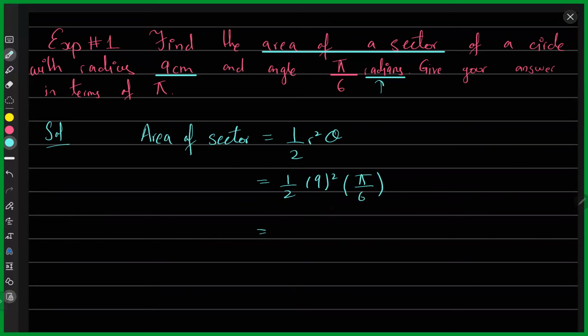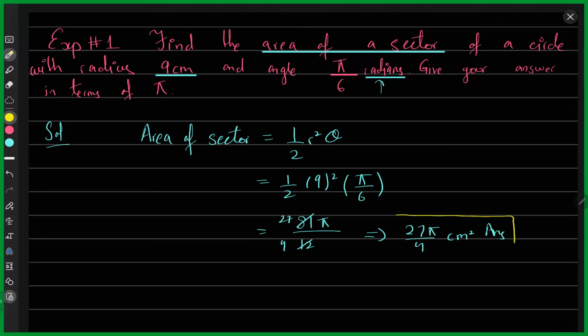So we are going to quickly cancel out stuff. 9 multiplied by 9 is 81, divided by 12 pi. And we can simplify this with reference to 3. This is going to be 27 and this is going to be 4. So finally, we get 27 pi by 4 centimeter squared as the answer. Units are very important.